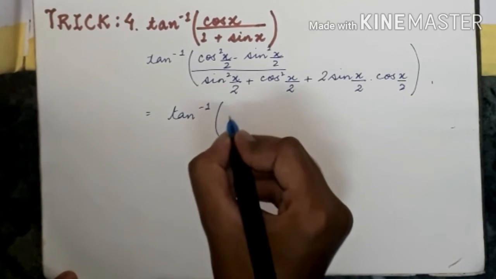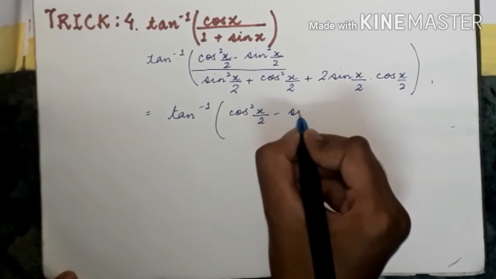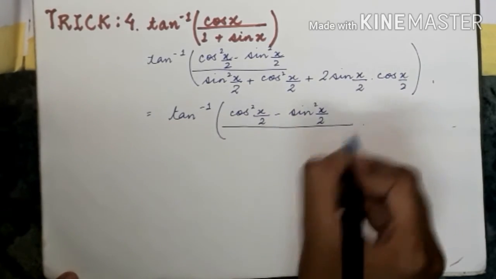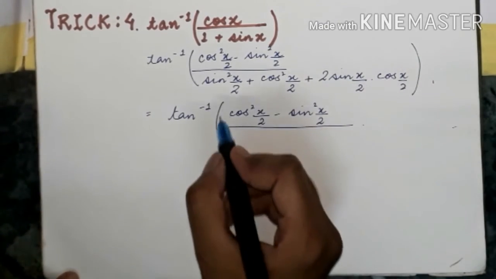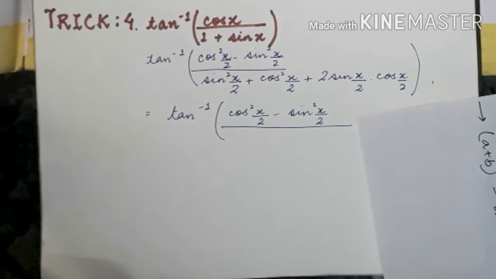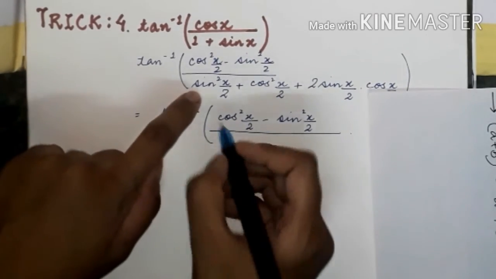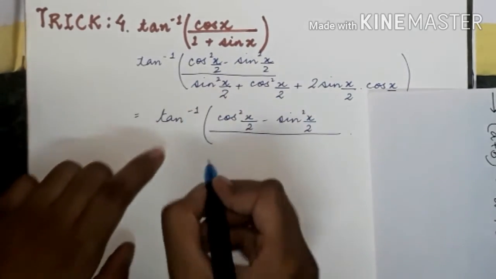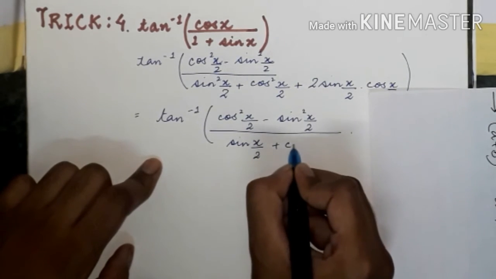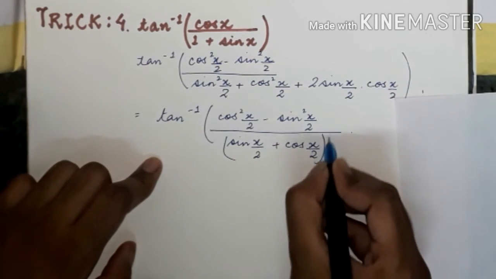Tan inverse of cos square x by 2 minus sin square x by 2 upon, in place of this you can write a plus b whole square. A is sin x by 2 and b is cos x by 2, whole square.